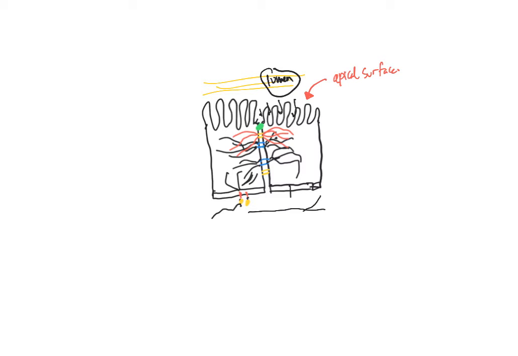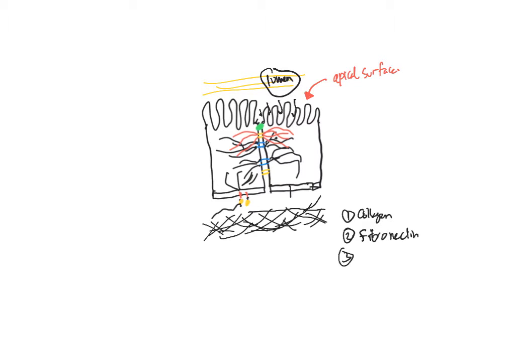So the extracellular matrix is a lot of components all together. The components of the extracellular matrix are basically collagen, fibronectin, fibrinogen, elastic fibers, and there are actually a lot more.